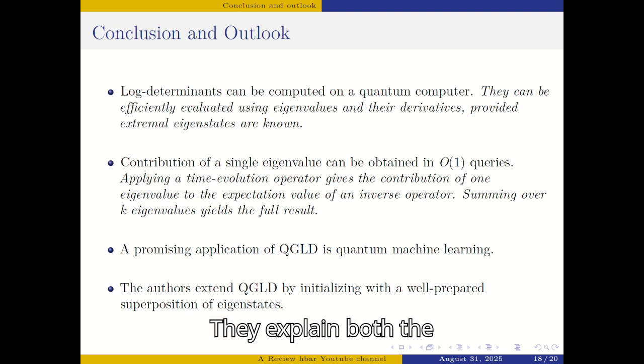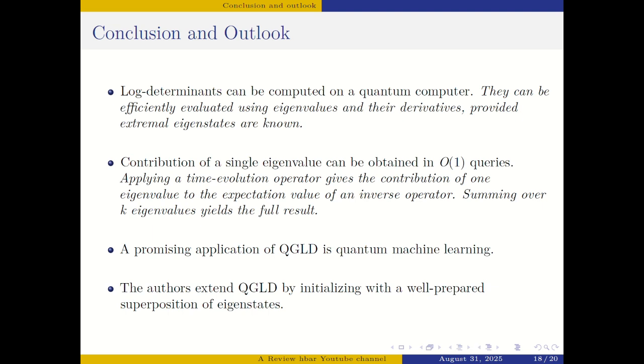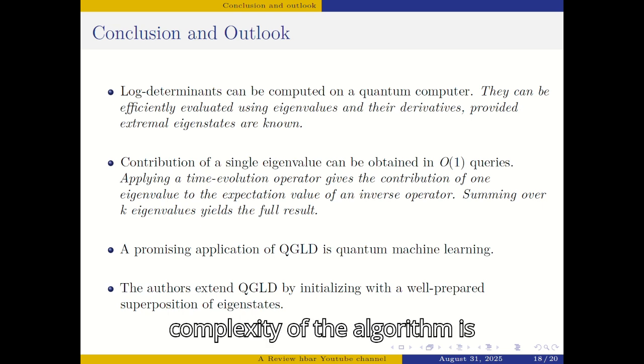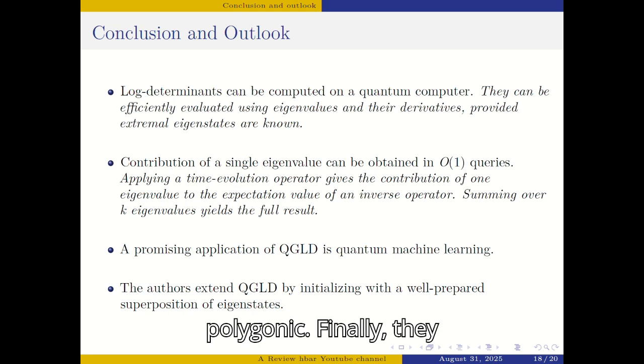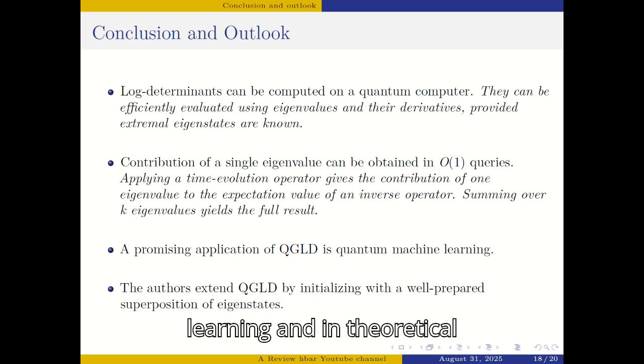They explain both the algorithms itself and its computational complexity. As announced, they prove that the complexity of the algorithm is polylogarithmic. Finally, they illustrate its usefulness by providing application in machine learning and in theoretical physics.